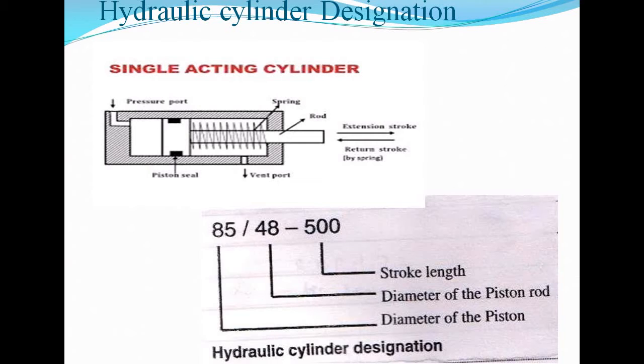Since this is a single acting cylinder, once the pressurized fluid stops, the piston will again come back to its original position due to the spring tension. So this is how this single acting cylinder will work.